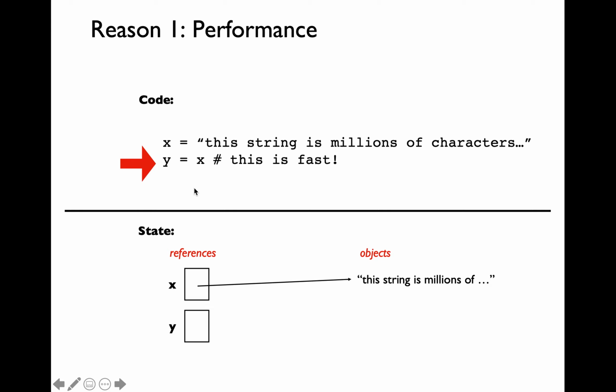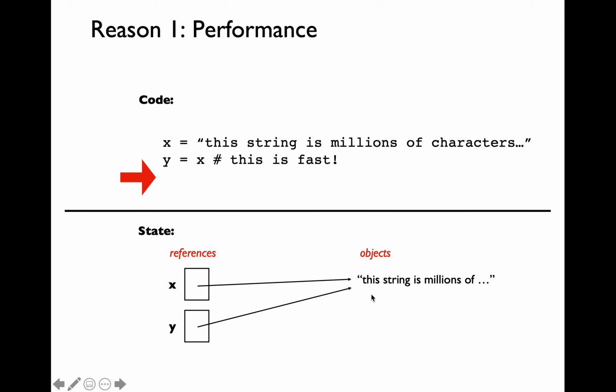When we say y equal to x, we are simply going to add a new reference to the exact same string object instance into the variable y's box by adding an arrow from the y variable box to the existing string object instance.